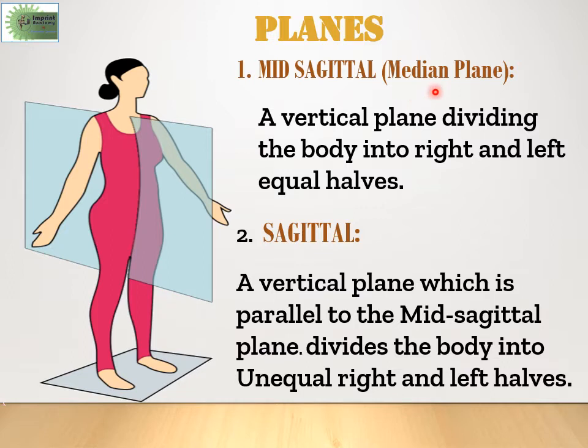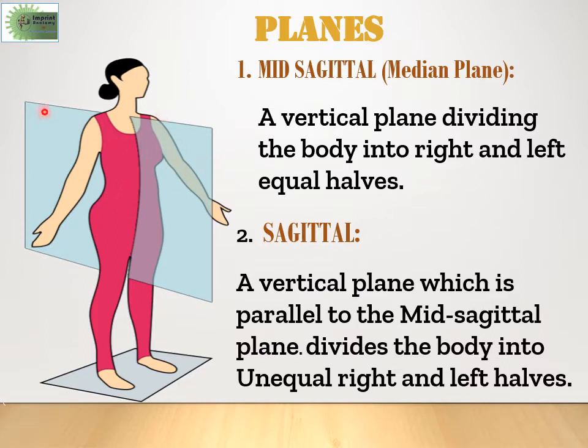You can call it a median plane. Yes, I am repeating, mid-sagittal or median plane. You can see in this picture, a median plane is a vertical plane which divides the body into two halves, that is the right and the left.